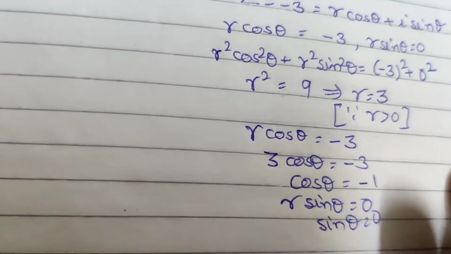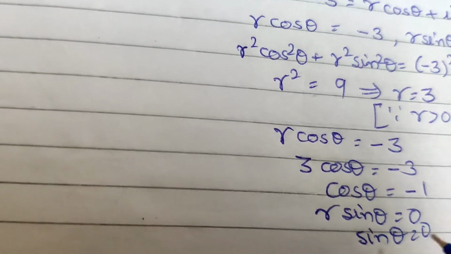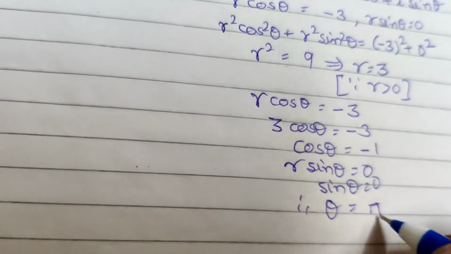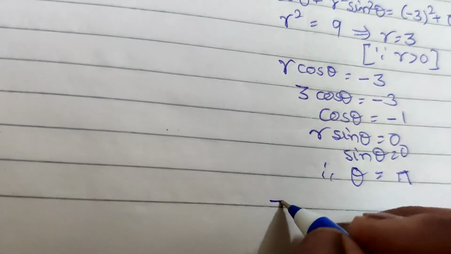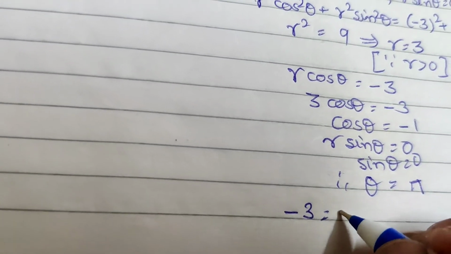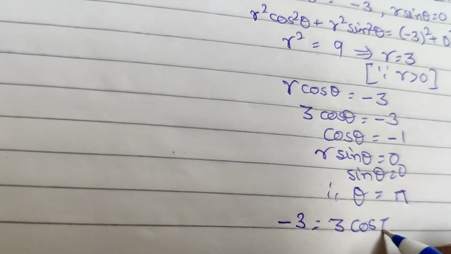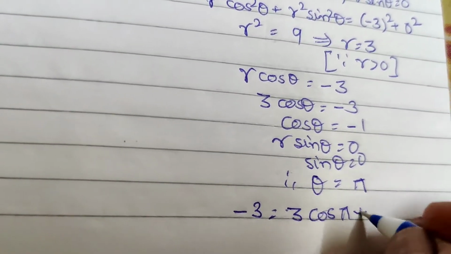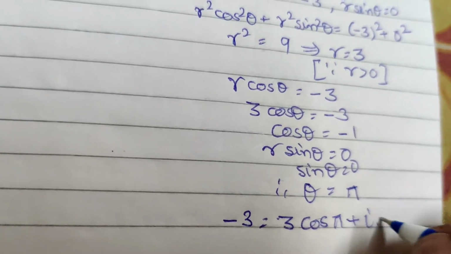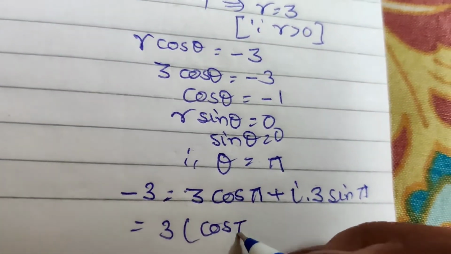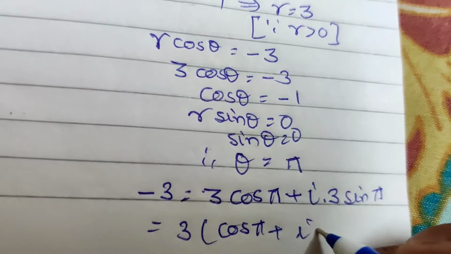So both are satisfied by pi, therefore theta equal to pi. So we can write minus 3 equal to 3 cos pi plus i 3 sin pi. Now take 3 common: 3 times cos pi plus i sin pi.